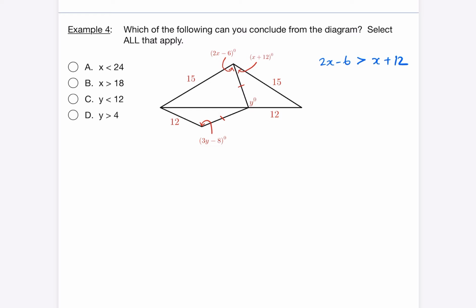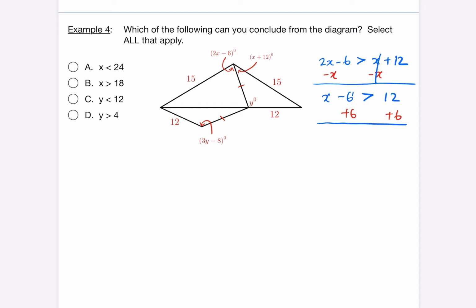Now we can go ahead and solve for x. And the first thing we're going to do is subtract x from both sides. And when we do, these x's cancel out, and we're left with x minus 6 is greater than 12. Okay, now we want to move this negative 6 out of this side and move it to this side, and we can do that by adding 6 to both sides.